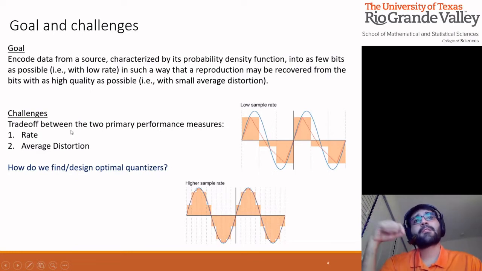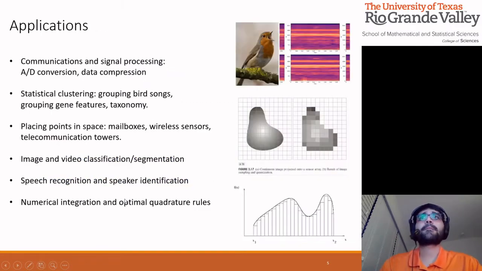We want to achieve the least amount of rate as possible, of bits as possible, that will yield the least average distortion. And one of the questions that we face is, well, how do we find or design these optimal quantizers?